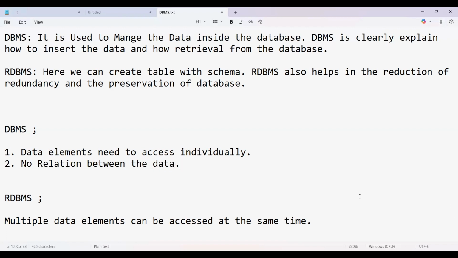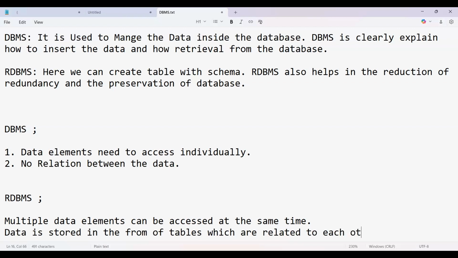Coming to RDBMS, data is stored in the form of tables which are related to each other.